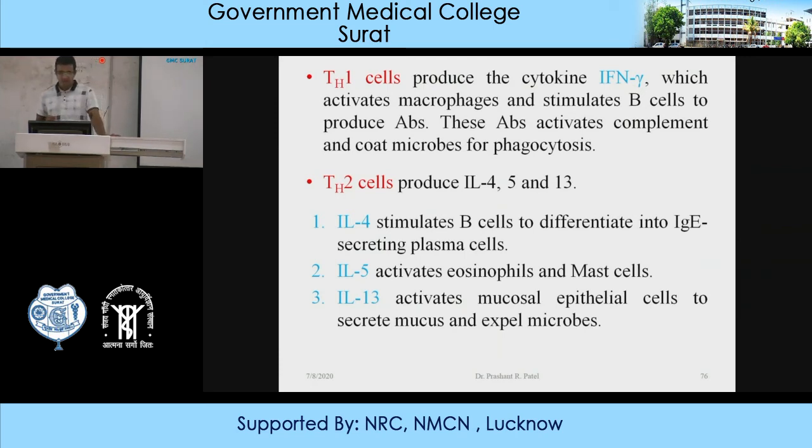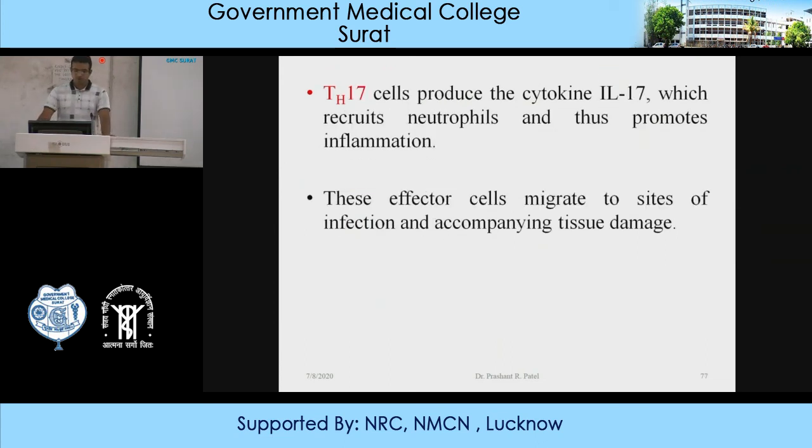Second, interleukin 5 activates the eosinophils and mast cells, and interleukin 13 activates mucosal epithelial cells to secrete more mucus which expels the microbes. Type 17 helper cells produce the cytokine interleukin 17, which recruits neutrophils and promotes inflammation.